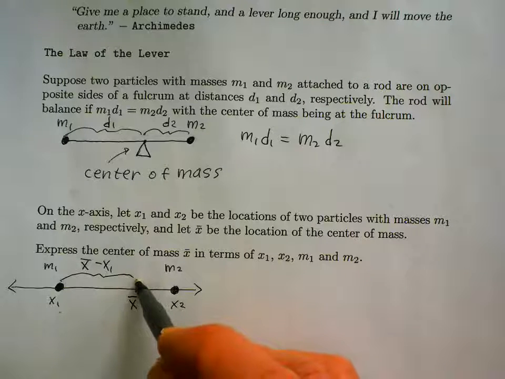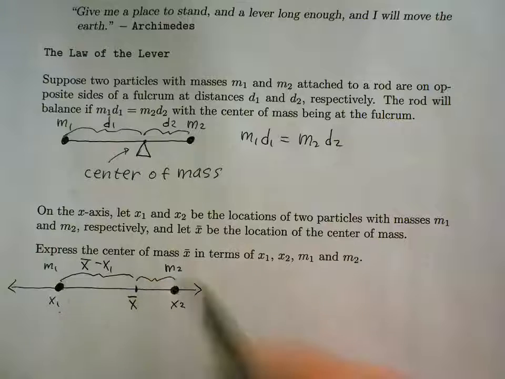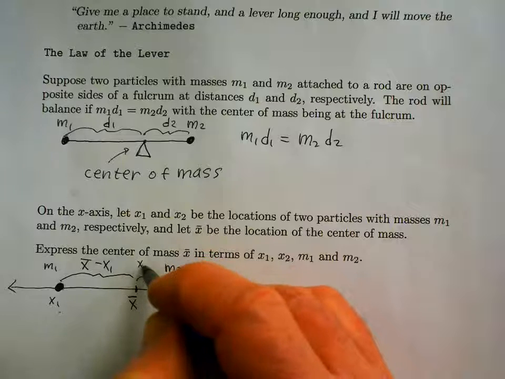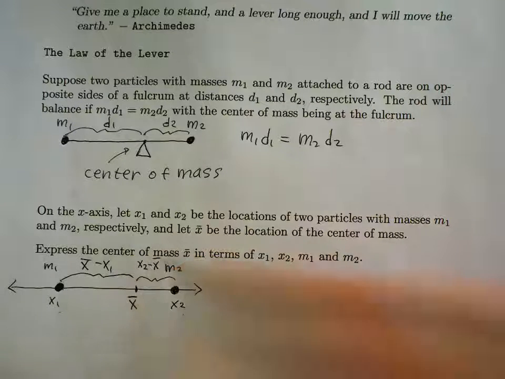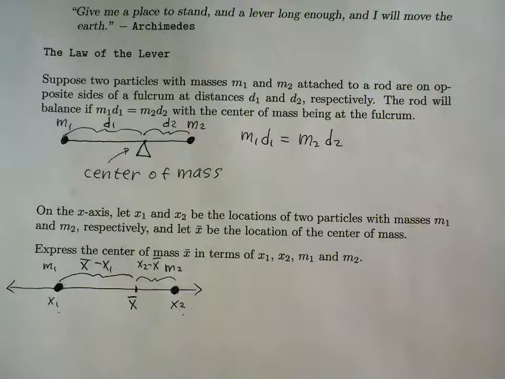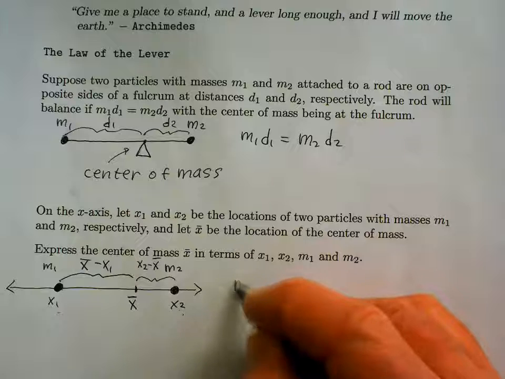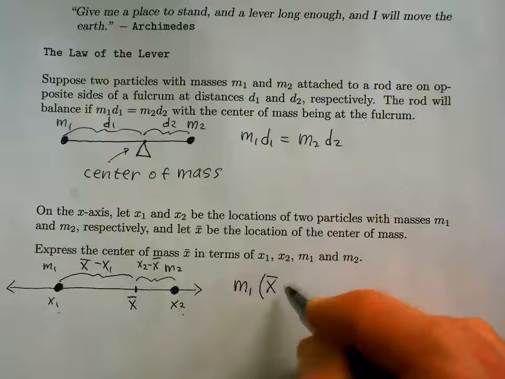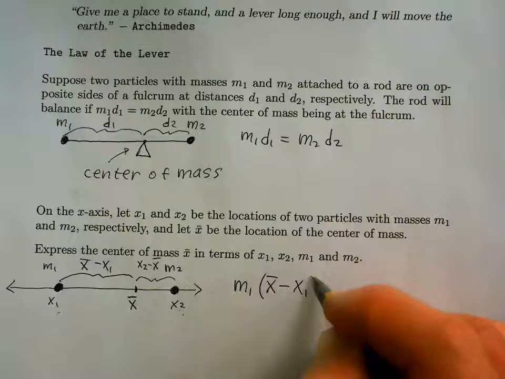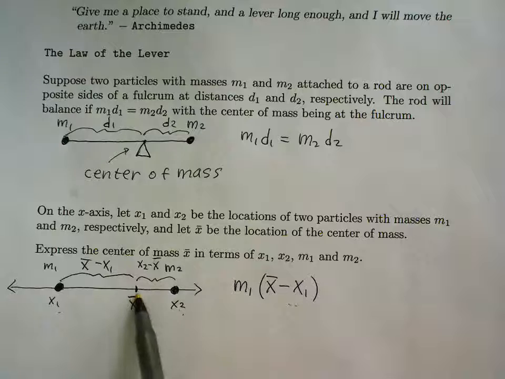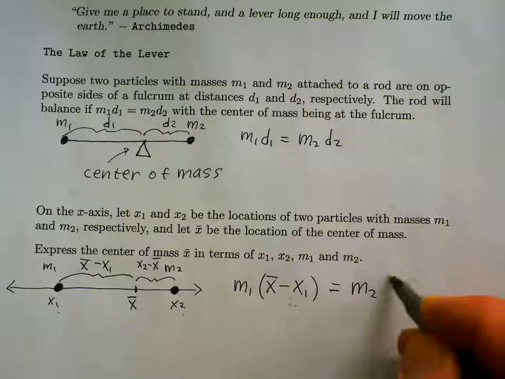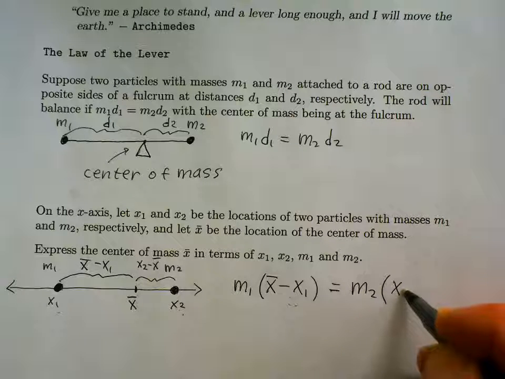And then the distance from x bar to x2, the larger number x2 minus the smaller number x bar. Okay, so the law of the lever says that if we multiply the mass m1 by the distance x bar minus x1, that's the distance to the center of mass, that's equal to m2 times x2 minus x bar.